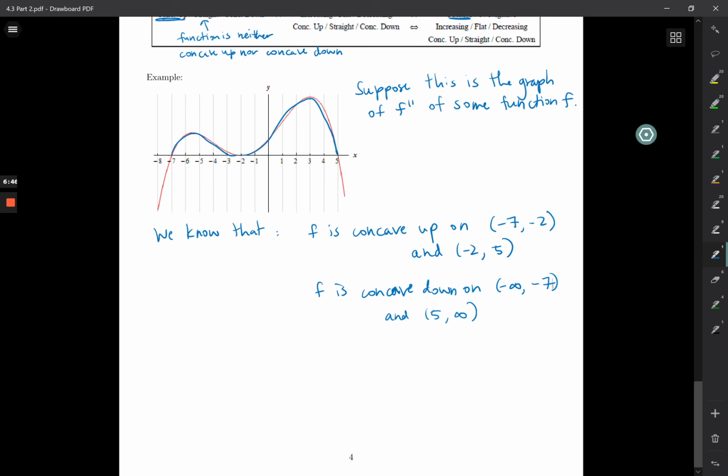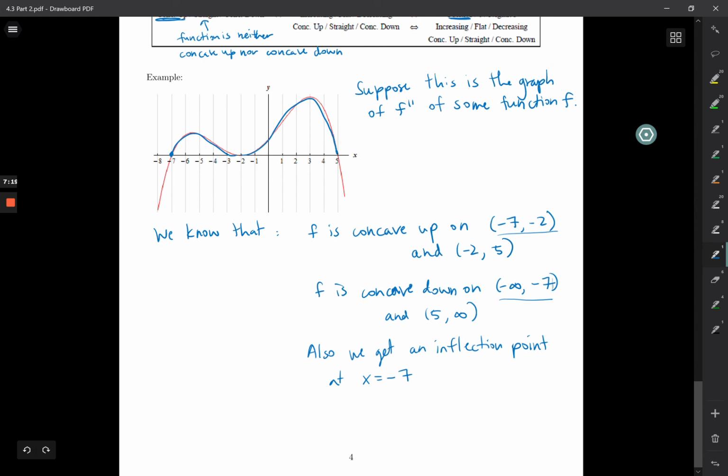Also, we know that at -7, since it is concave down on -infinity to -7, and then switches to concave up on -7 to -2, we get an inflection point at x equals -7.